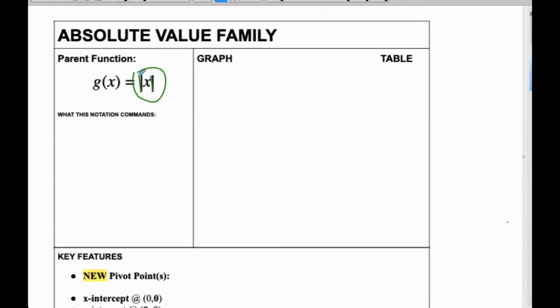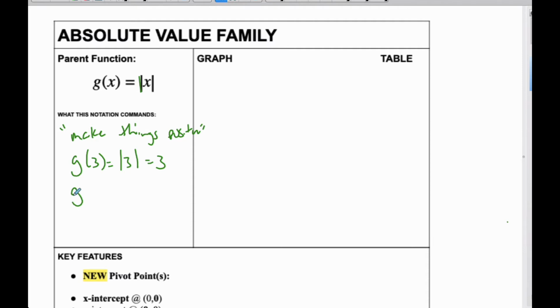So what does that actually mean? Its job is to make things positive. If I go g at 3, the absolute value of 3 is 3.